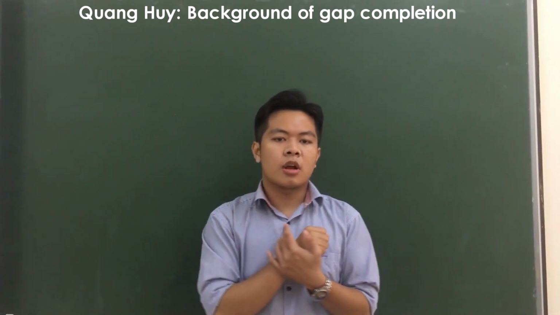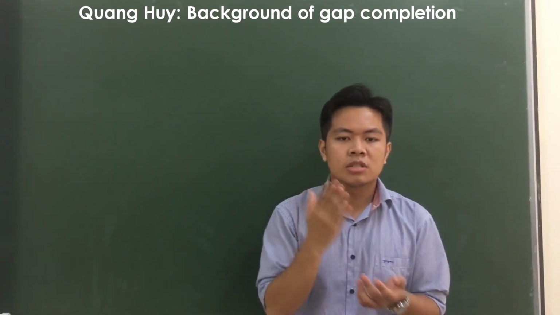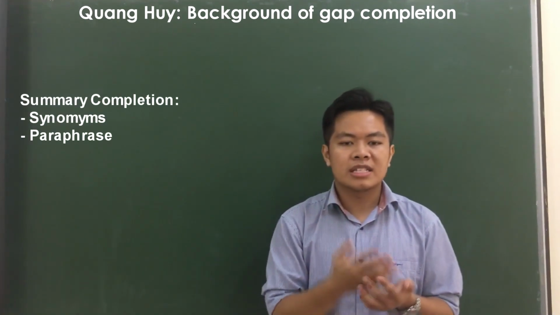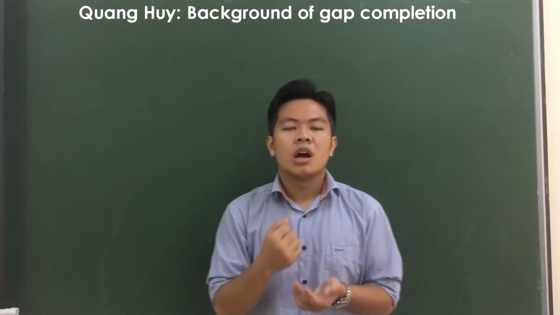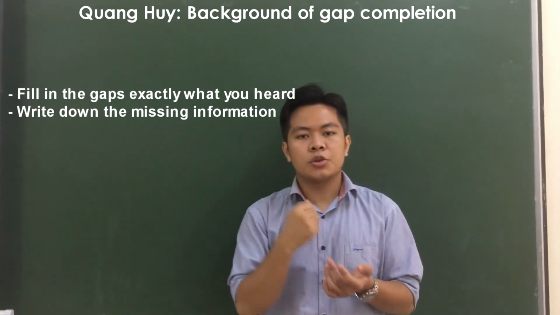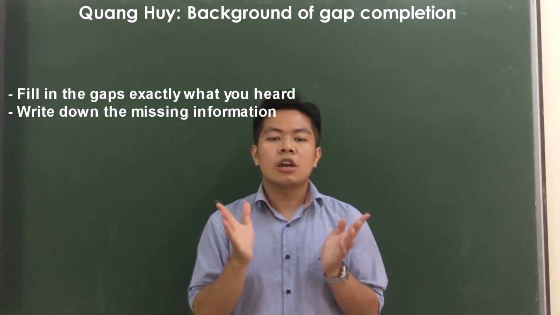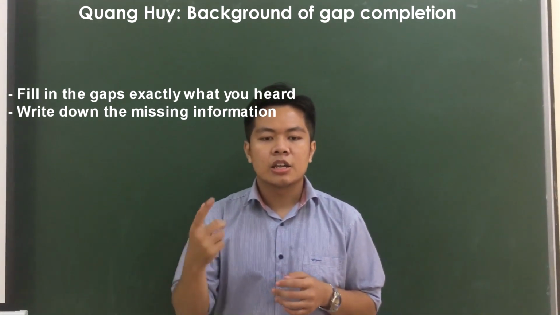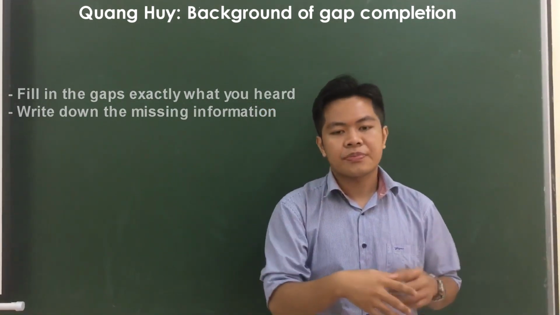Or in the summary completion, they would test the ability to use synonyms and paraphrase efficiently. So, for this kind of test, you have to fill in the gap exactly what you heard in the test. In other words, you just need to write down the information that you heard into the form.